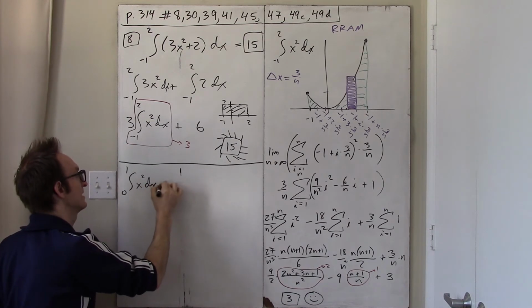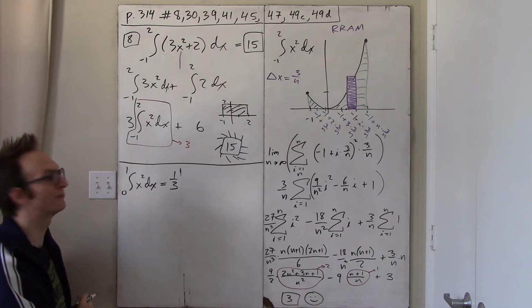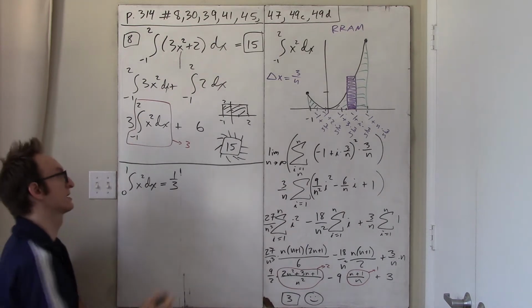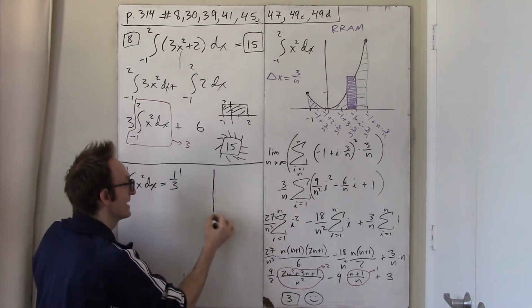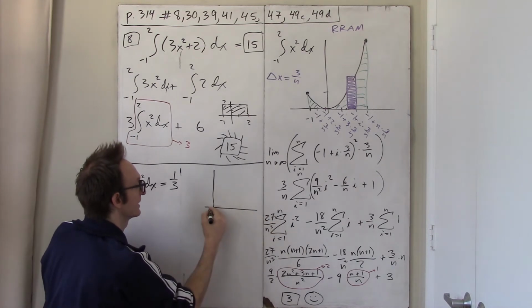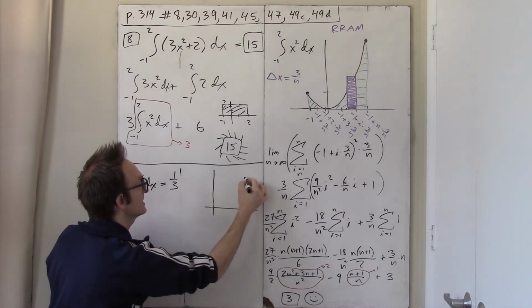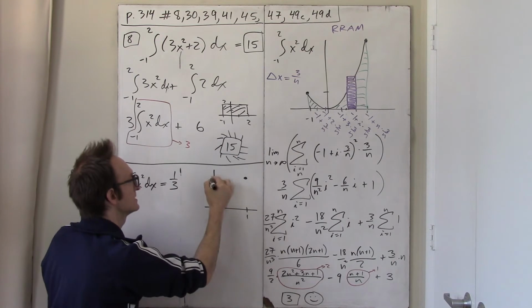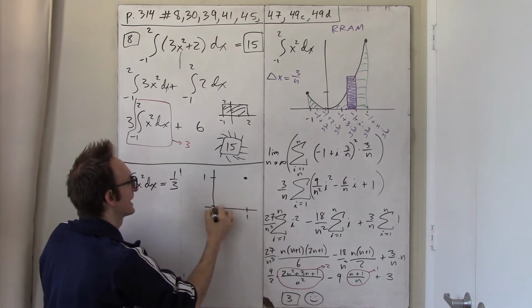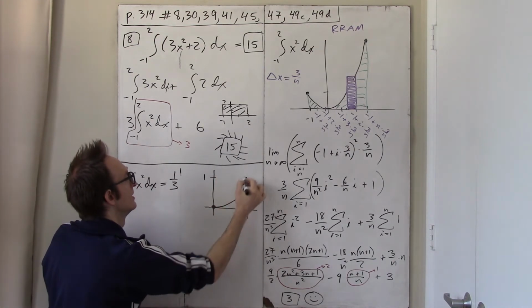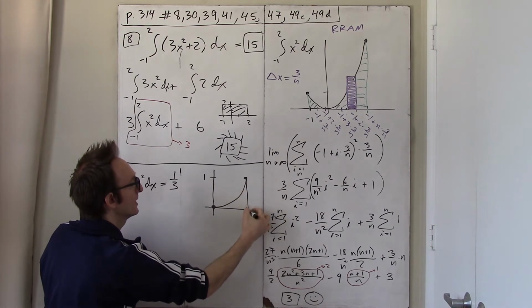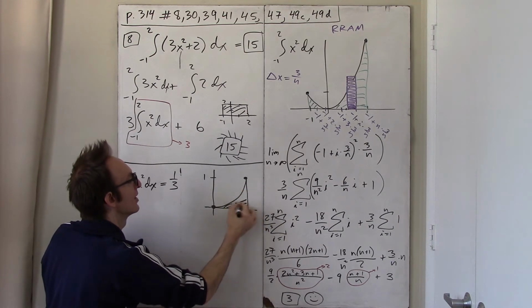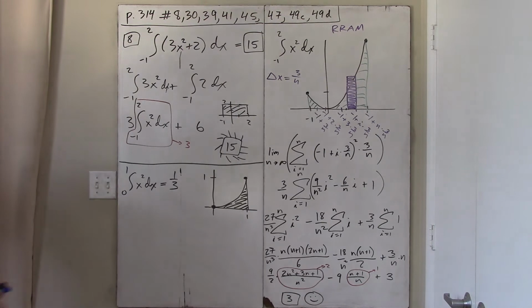Okay, and if we just know this and feel it deep in our hearts, and I personally do feel it deep in my heart, then what this is telling me is that the fundamental parabola shape fills up 1/3 of the 1 by 1 box near the origin.